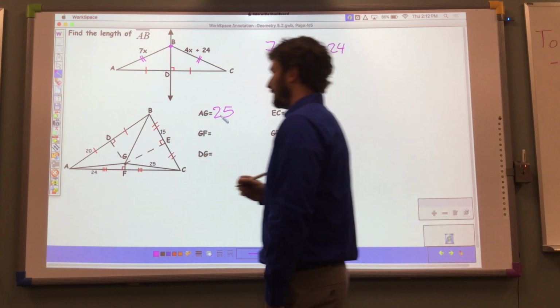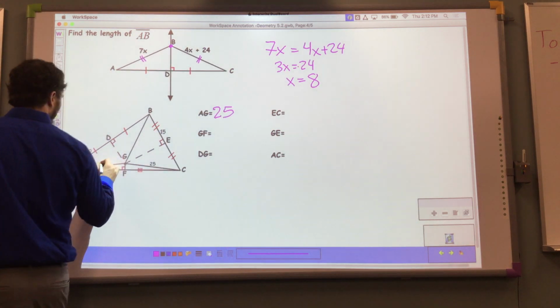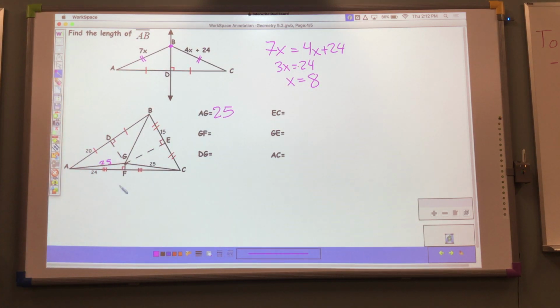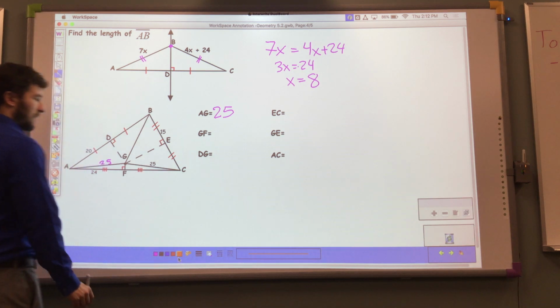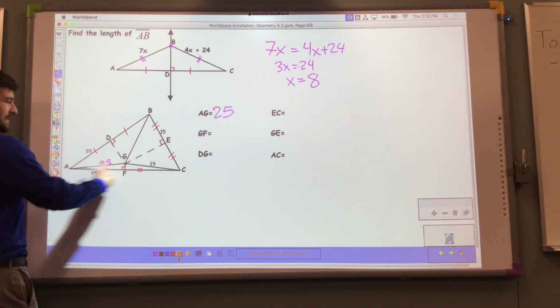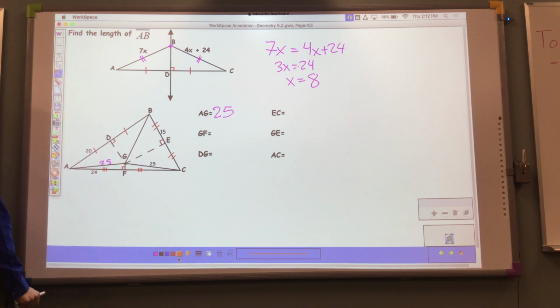Then we go to GF. This you maybe don't remember how to find. But if you don't, we have a right triangle. Hopefully at some point you remember learning Pythagorean theorem. So Pythagorean theorem, remember a squared plus b squared equals c squared. C is always your hypotenuse, that's 25.